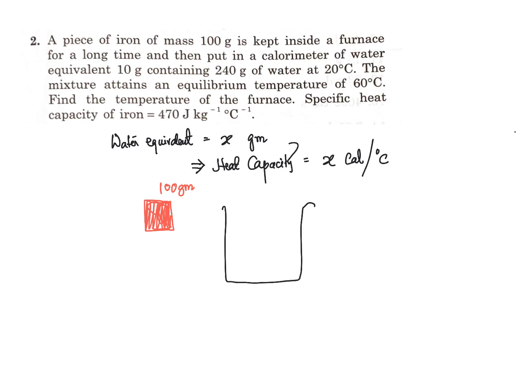That means the heat capacity of the calorimeter, that is M times S of the calorimeter, but calorimeter means vessel. Water equivalent means the equivalent amount of water which has to be heated by the same temperature, requires the same amount of heat. That's it.